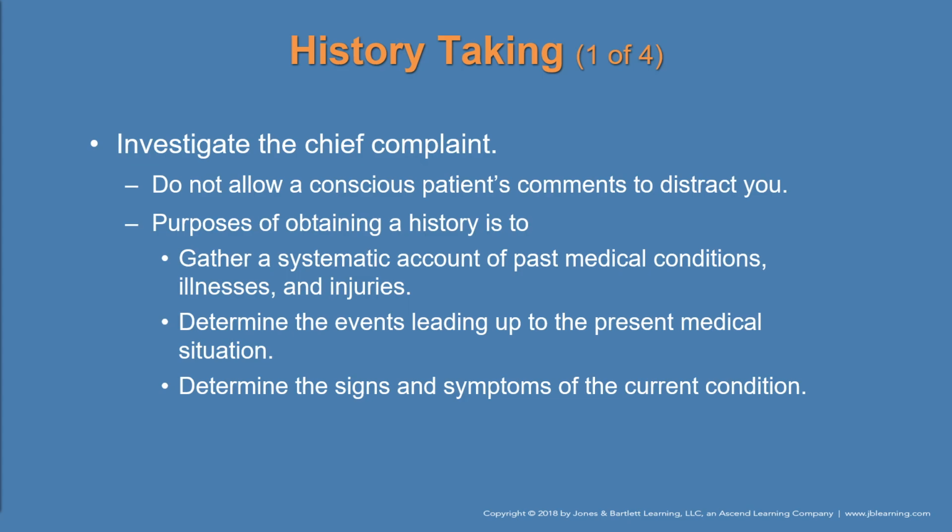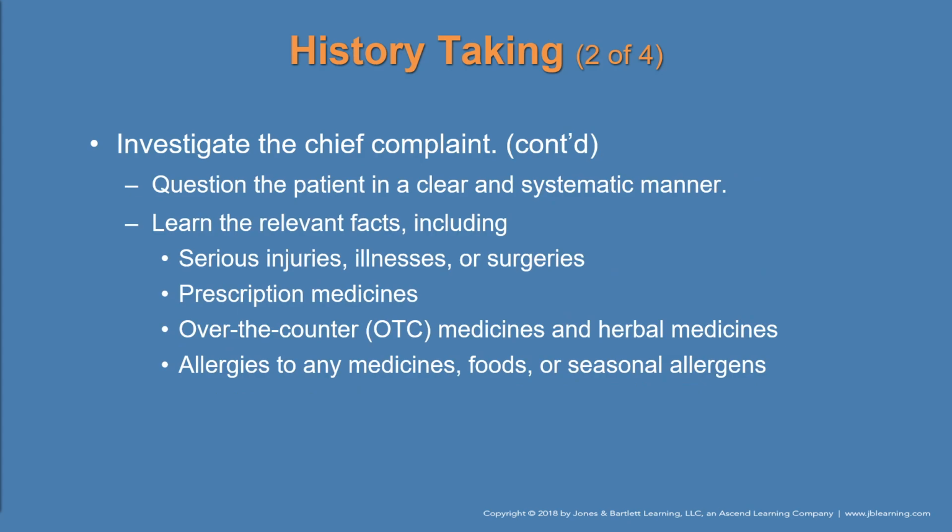We also want to get a general sense of how things played out. What events led up to the present situation, whether that's the accident that led to the injury or the progression of an illness. And then we want to determine the signs and symptoms of what is happening right now. What can we objectively measure? What is the patient experiencing? And we're going to write all this down and report it to other medical professionals.